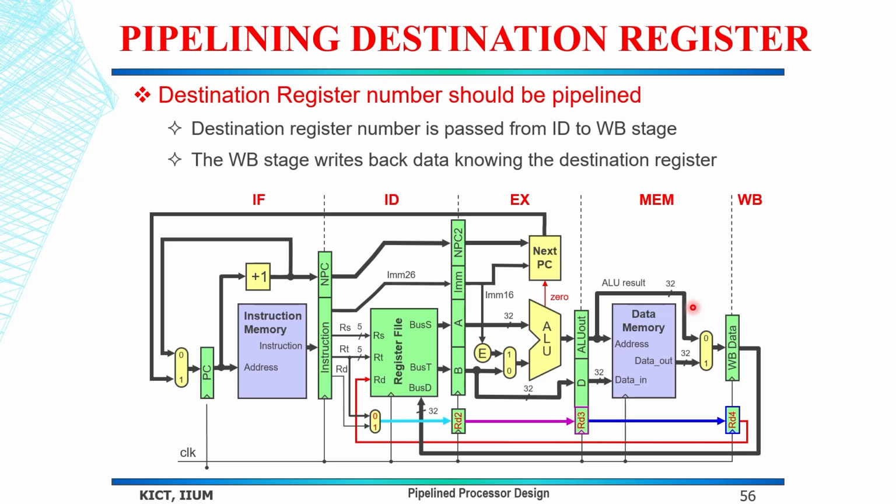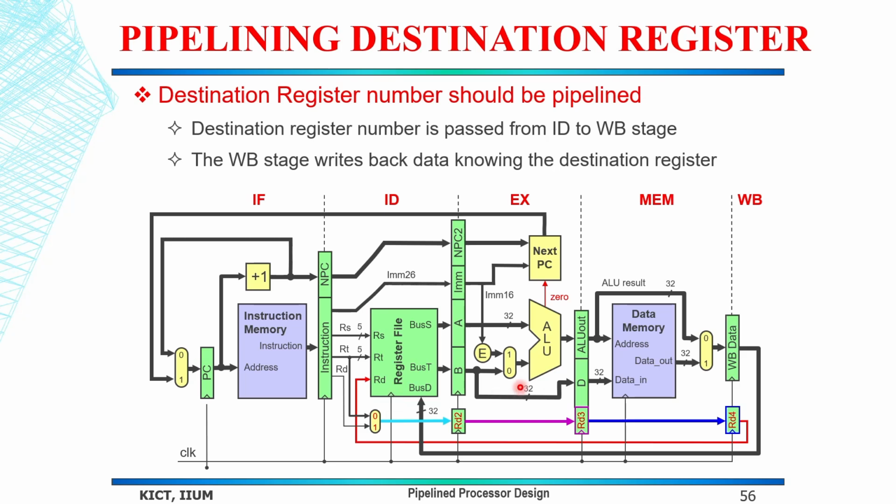And what about the control signals? The destination register number is not the only thing that must be pipelined. All control signals that are needed in the later stages also must be passed forward. For example, register write, memory to register, or memory read.